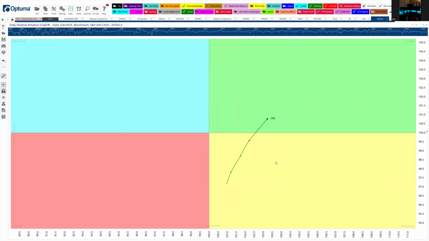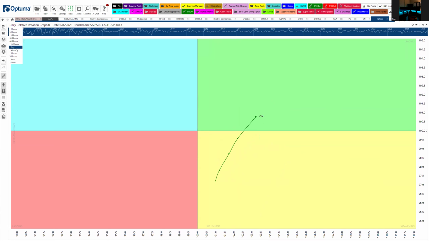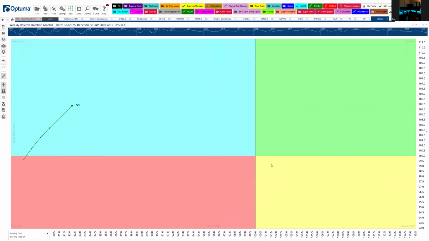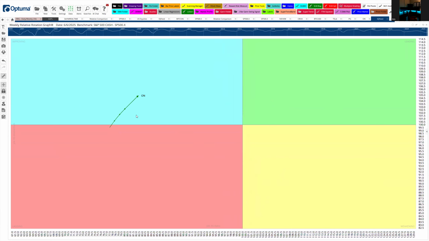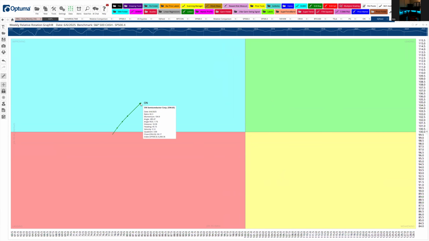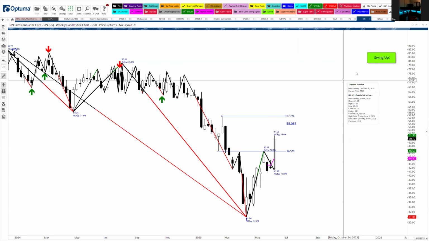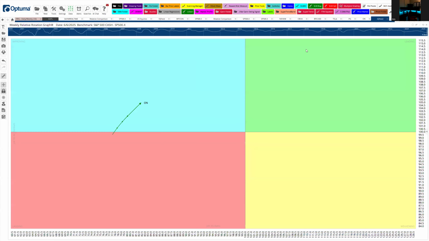Daily rotation is very strong. Oh yeah, there you go. Nice. Weekly swing is up. Rotation looks pretty badass on this one.